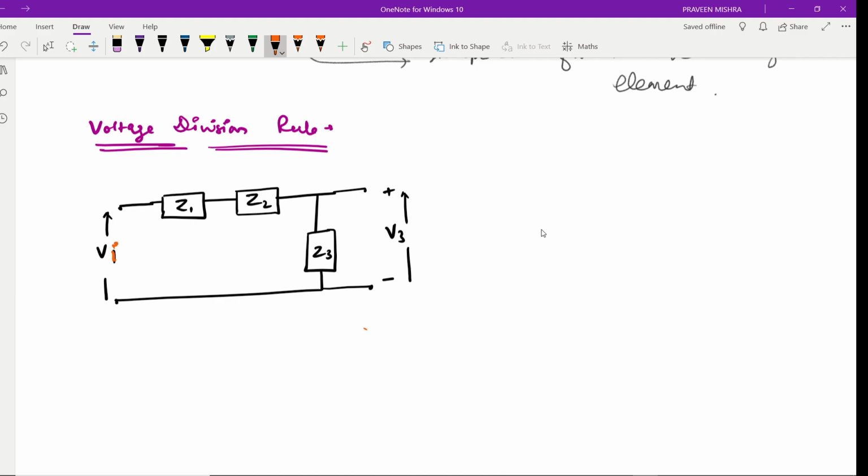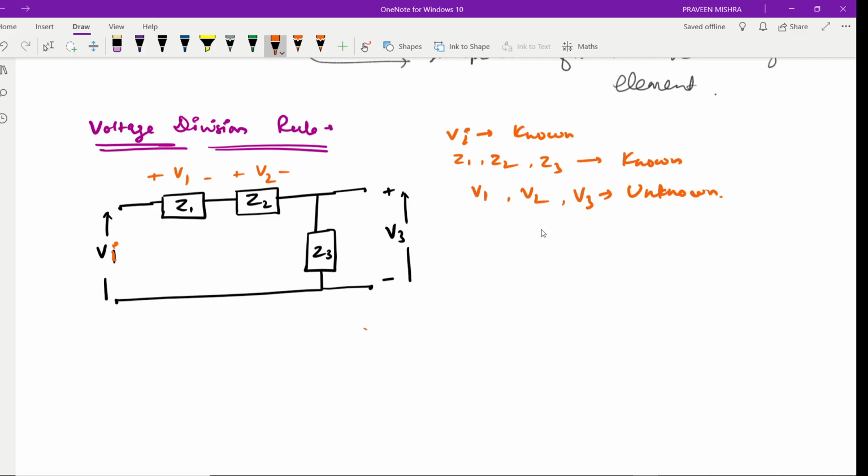This one is the input voltage VI, and the voltage across these are V1, V2, and V3. VI is known, and Z1, Z2, and Z3 are also known, and you have to find out V1, V2, and V3. These quantities are unknown.